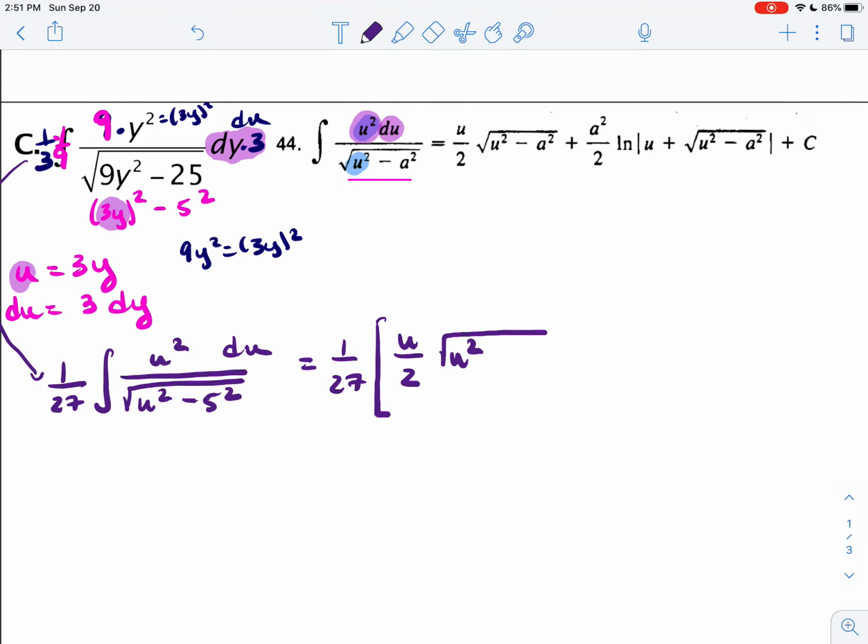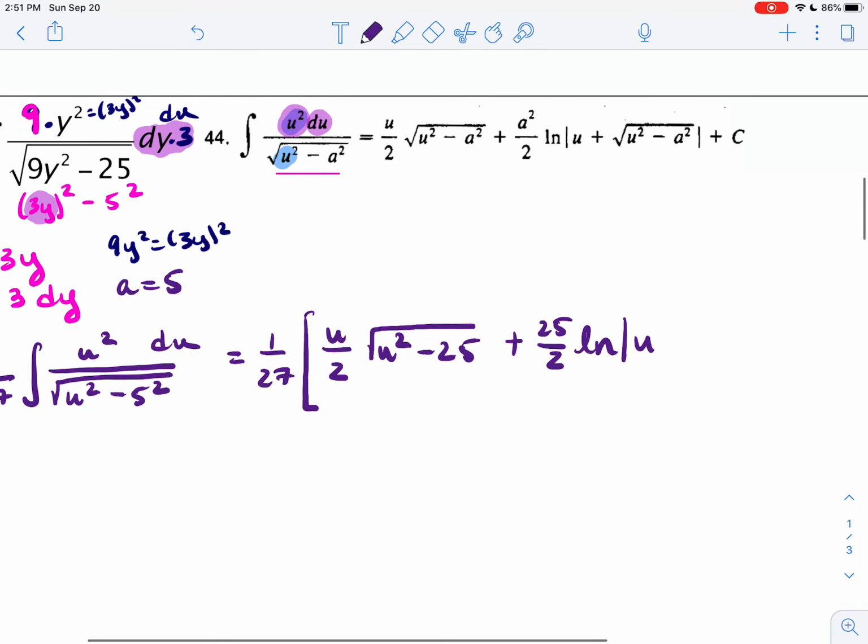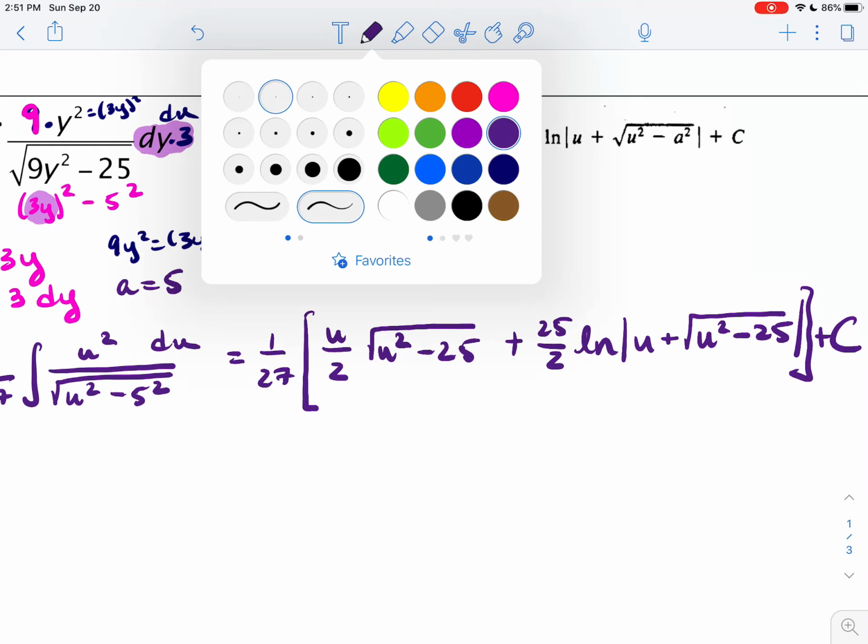I have u over 2 times the square root of u squared minus 25, plus, again, a is equal to 5, so we would have 5 squared, which is 25 over 2, times the ln of u plus the square root of u squared minus 25. And we can multiply there and add plus c on the outside.